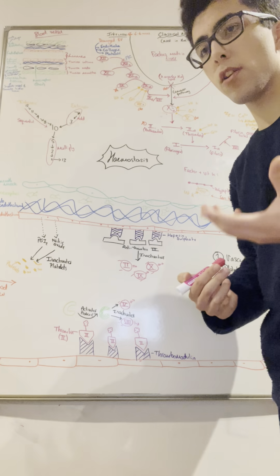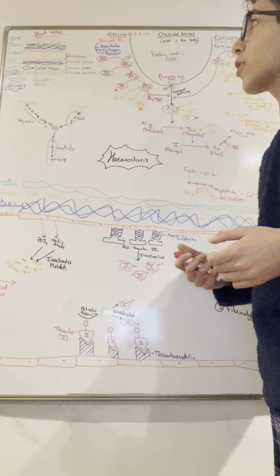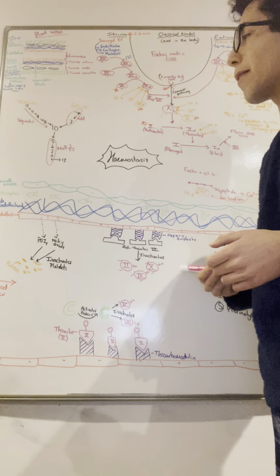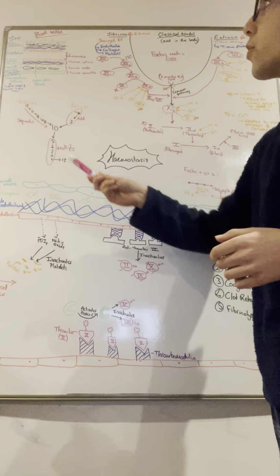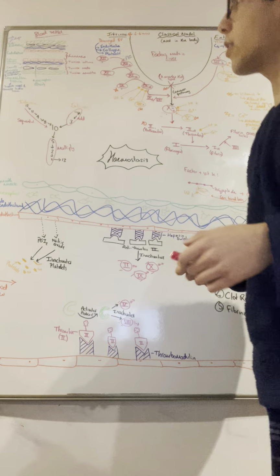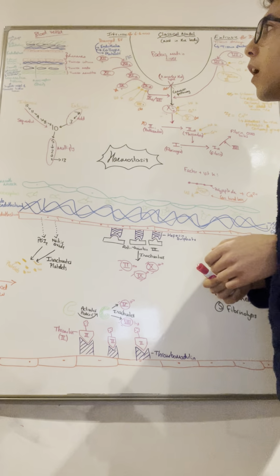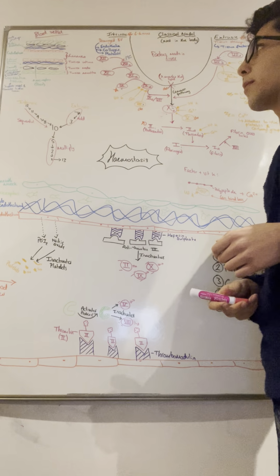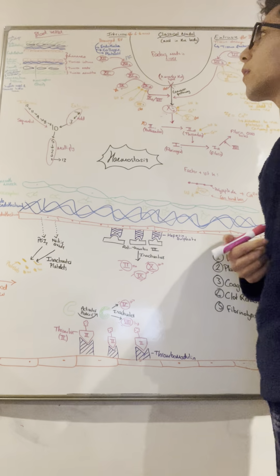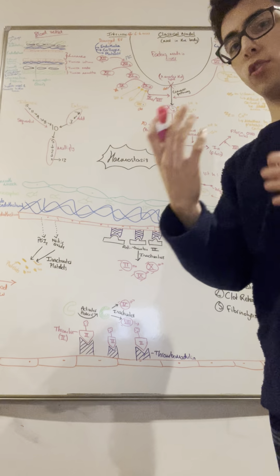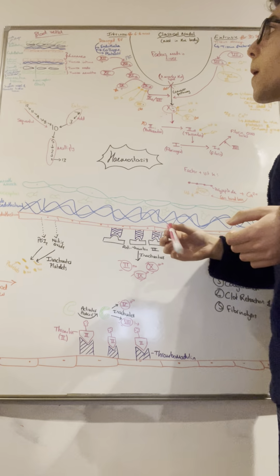So this is mainly collagen, quite high collagen levels in your subendothelium. And then you've got your internal elastic lamina. Not really sure what that is. I think it's like a basement membrane. But just know that that's the third bit. Okay. Imagine it's quite elastic, hence the name.